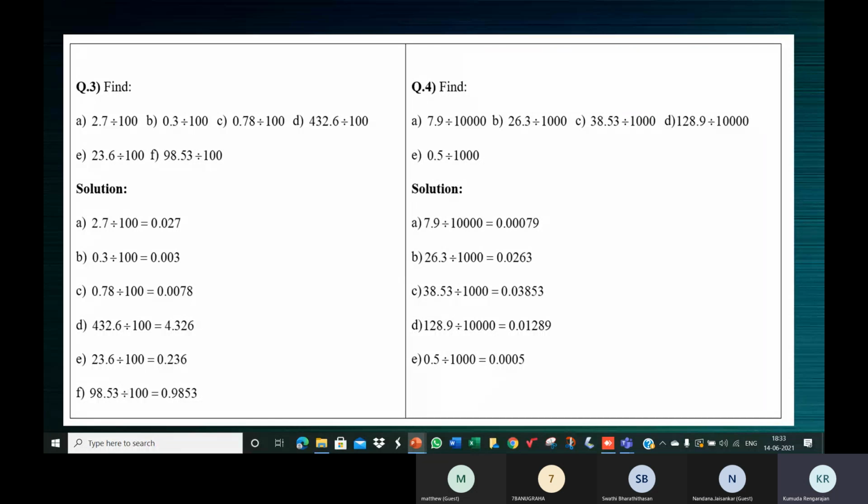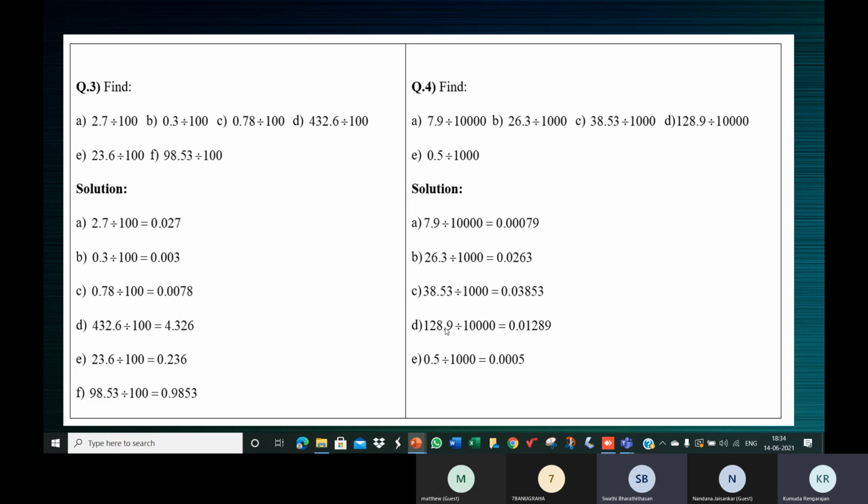Pick one sum from here. Maybe Swati. Who does D for me? Question number 4, D subdivision. Ma'am, 128.9 divided by 10,000.